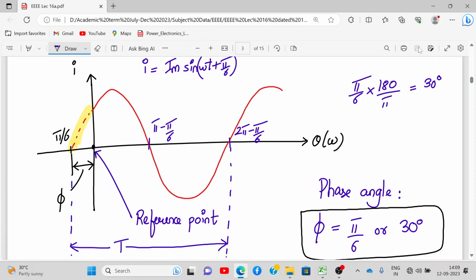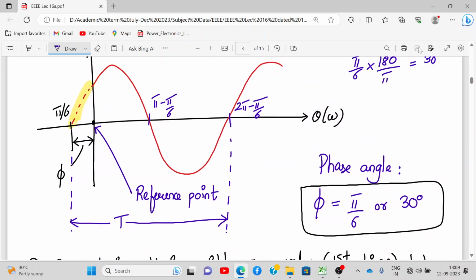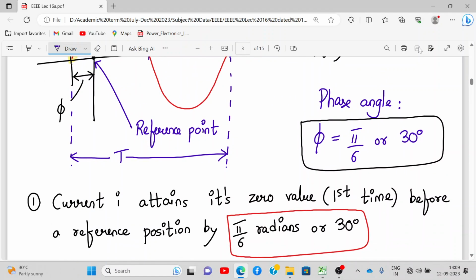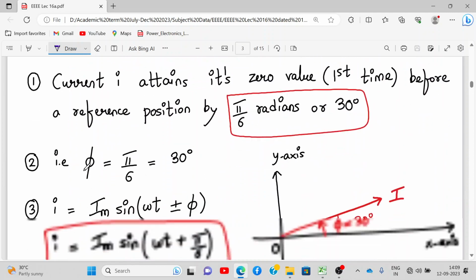Okay, in that phasor diagram the x axis is theta or omega t, we can say. Completed this? So here current will attain its value for the first time before a reference position. That's why the phase angle is plus 30 degrees or pi by 6 radians.